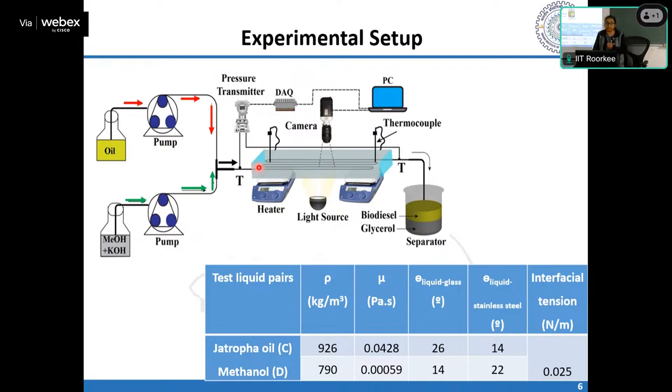You can use a change of area for the flow. You can use some kind of flow inversion, or the presence of some solid particles here and there, so that the mixing at the local level can be enhanced, which can result in further enhancement of the transfer process. Okay, so that is the idea.